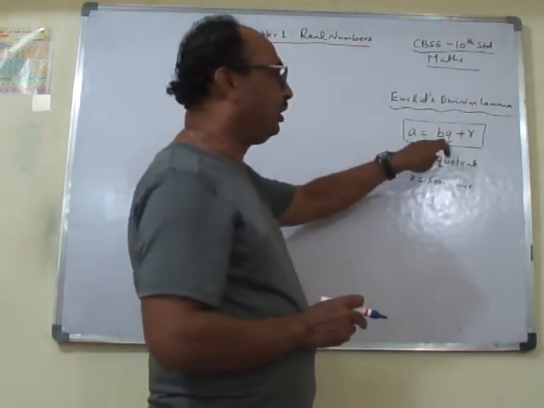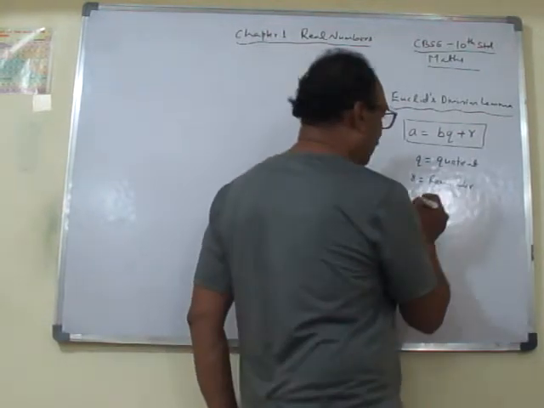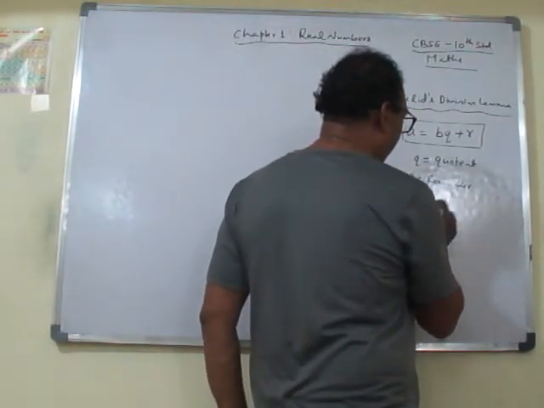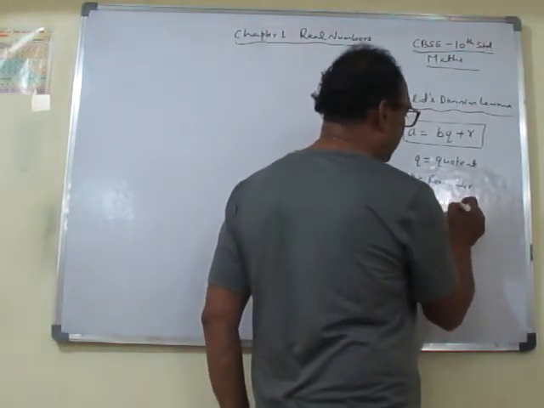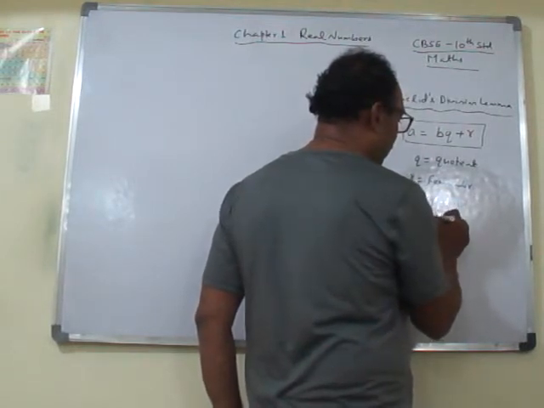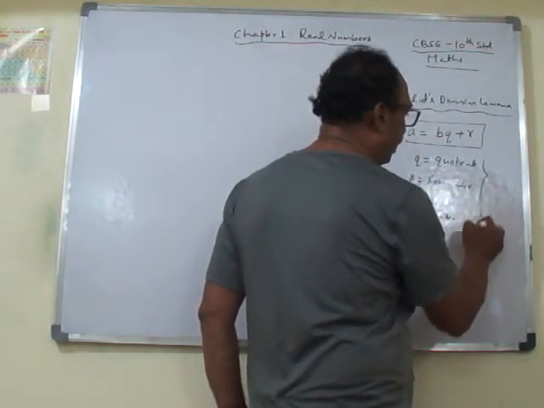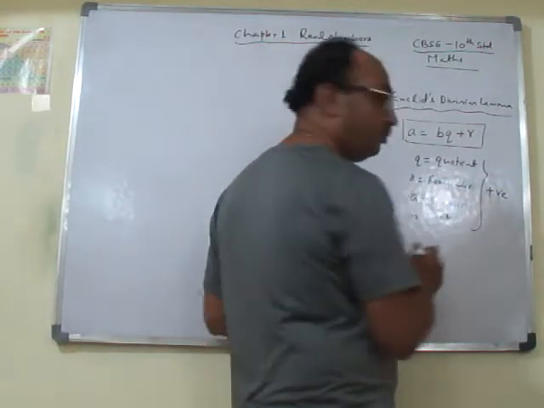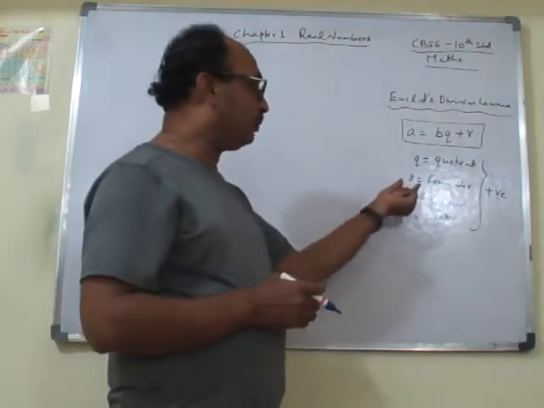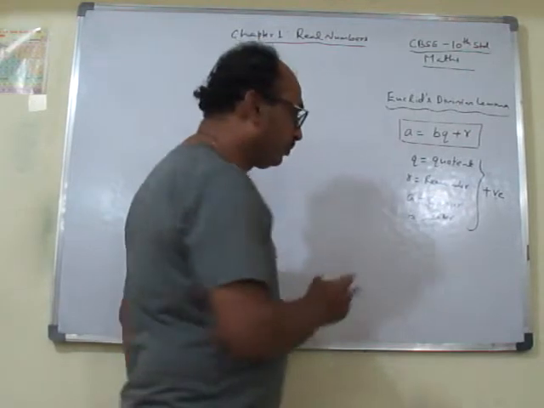All of r, q, even a and b are positive. Now, what is the specificity of this r?